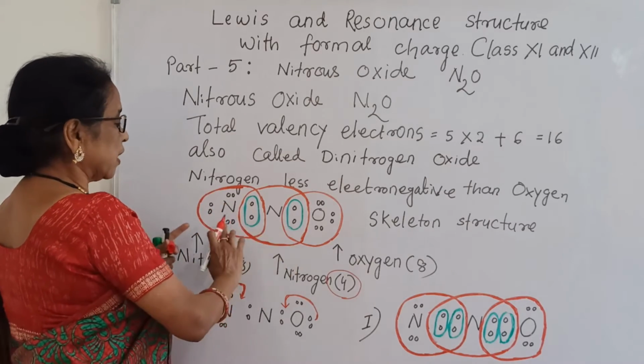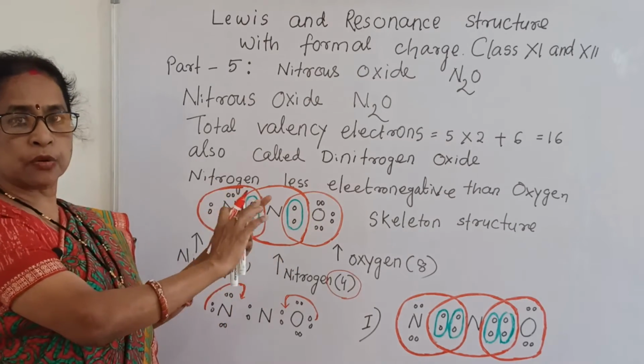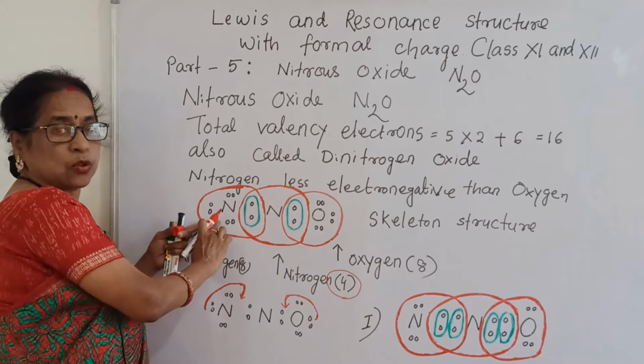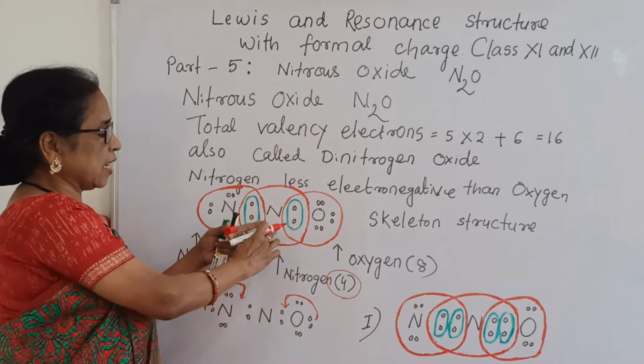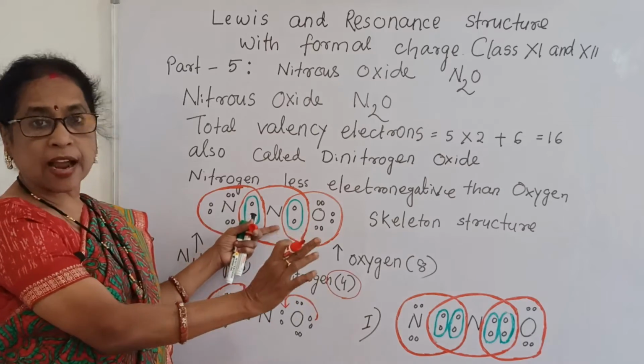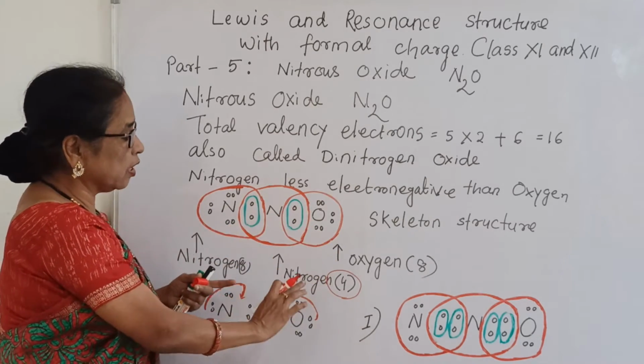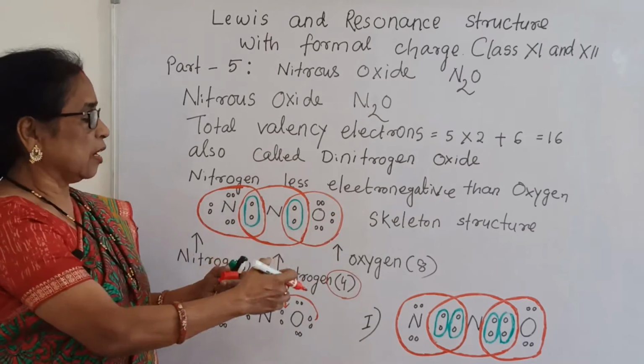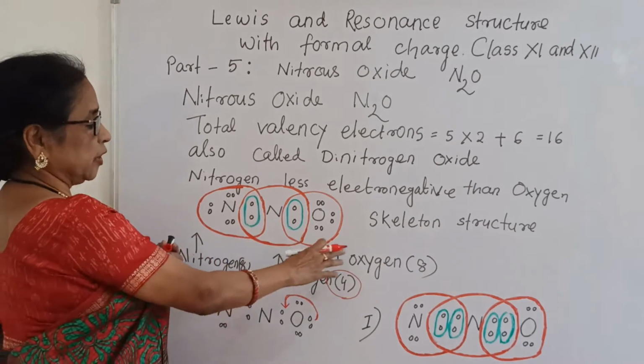So again, there are 3 atoms, 2 nitrogens and 1 oxygen. The first nitrogen satisfies the octet, the middle nitrogen does not, it has only 4 electrons, and the last oxygen satisfies the 8.